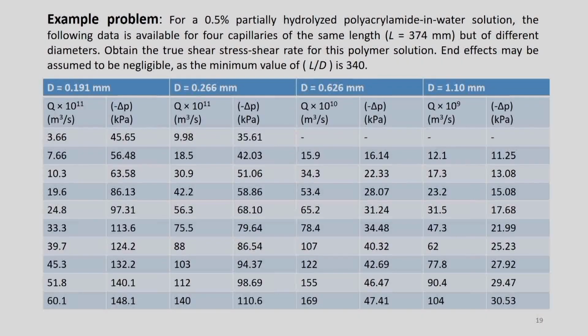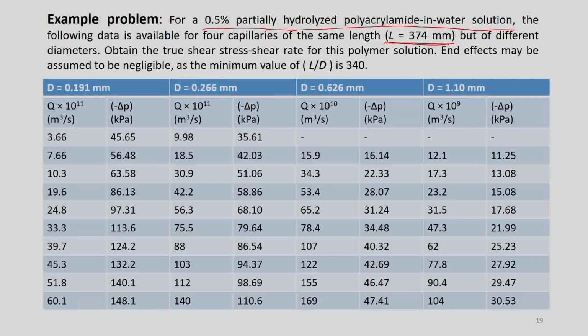Now, we take an example under these wall slip conditions, right, to show how to incorporate them. A capillary has been taken of length 374 mm, through which a 0.5% partially hydrolyzed polyacrylamide in water solution is passing.